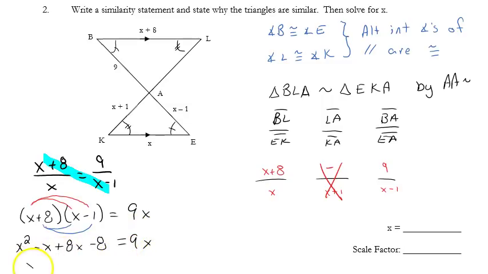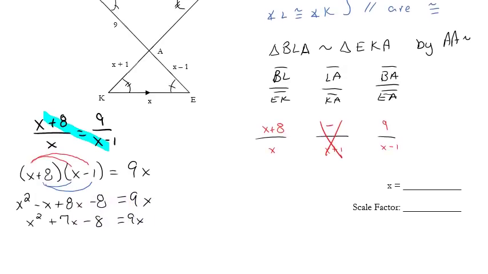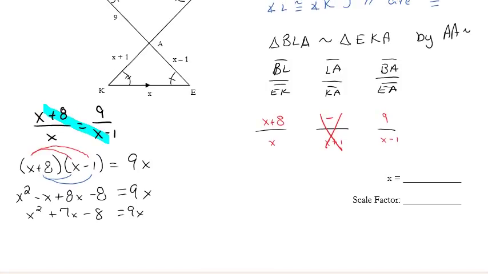I combine my like terms. X squared plus 7x minus 8 equals 9x. Scroll down a little. Do we have room? X squared and x in the same equation. Make it equal 0. Subtract 9x. I'm going through it very methodically, one step at a time.